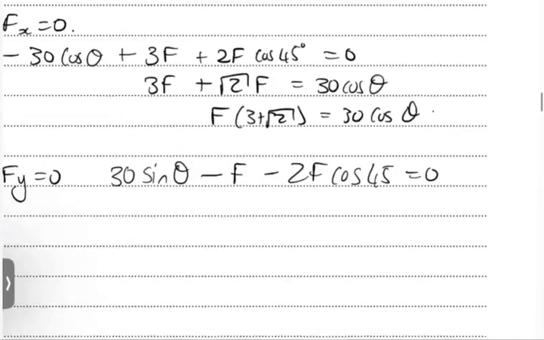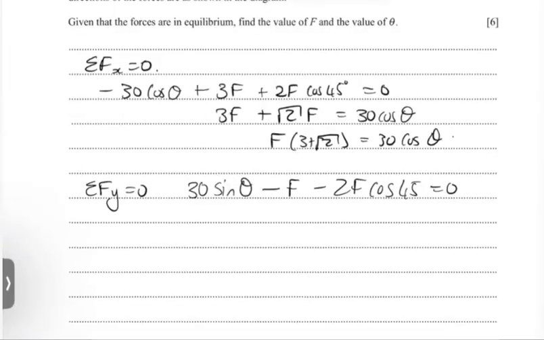That's equal to 0. Once again, I'm just going to collect my F's. My sine theta is on the one side, and here I've got F plus root 2 F.